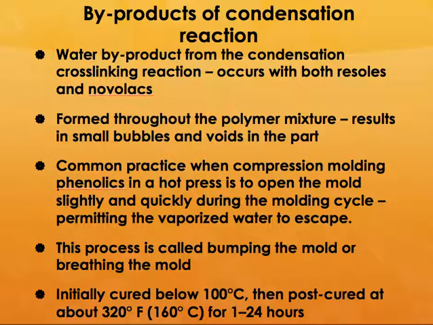So it will just remove that moisture or steam. Boom, it does that, and then you close the mold again, and you may have to do that multiple times, especially if you want a component that is completely devoid of any kind of porosity.